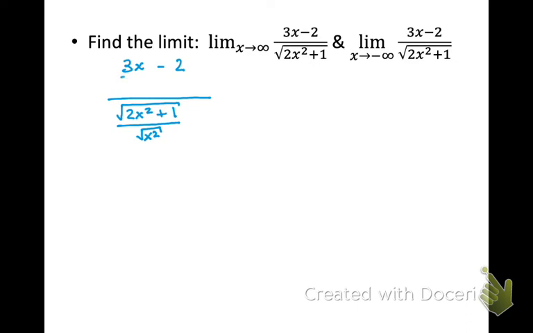So up here, we're going to be dividing just by x. But down here, it's going to look like the square root of 2x squared over x squared plus 1 over x squared. Does that make sense why that is? Because when you divide the radicals, they just join to be 1.